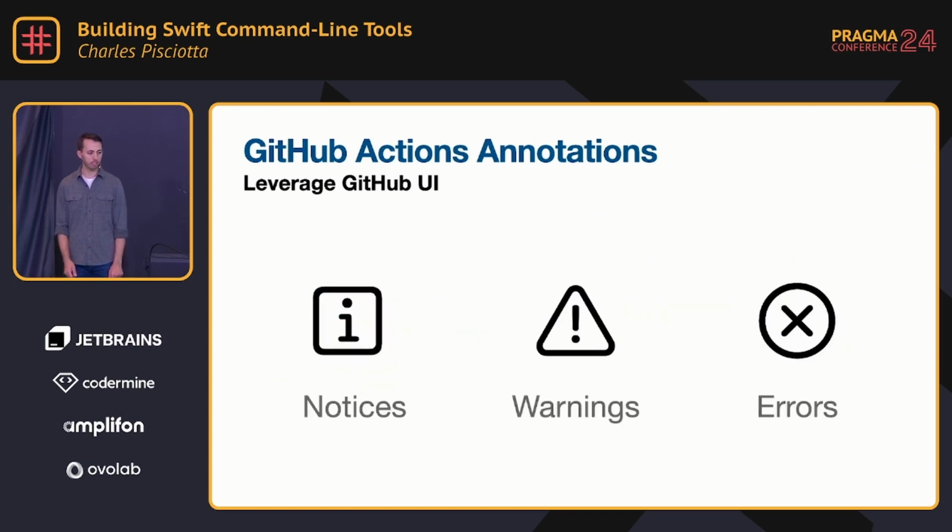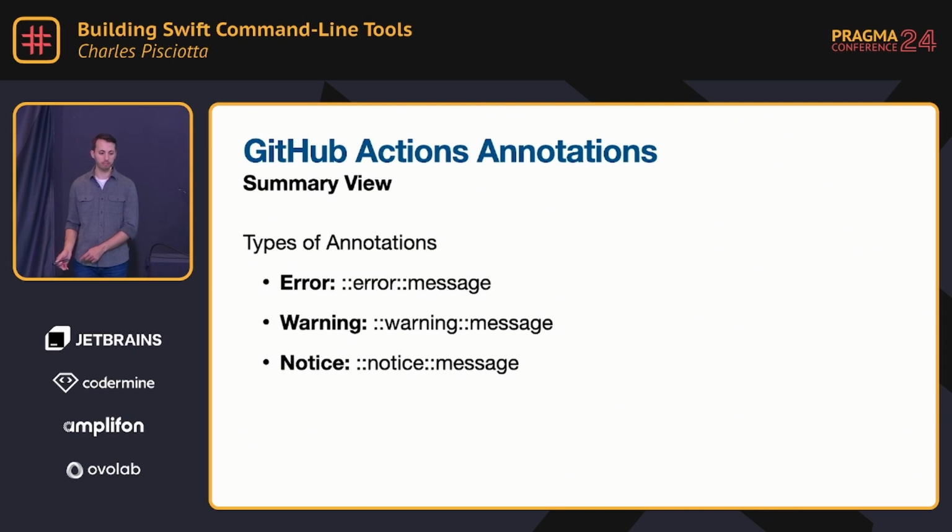And so what that allows you to do is specify to your consumers maybe important messages, warnings, and errors. And similar to the ANSI escape codes, you do this by prefixing your strings with error, warning, and notice. I should note that this is specific to GitHub, but other CI providers have similar formats where you can do this for theirs as well.